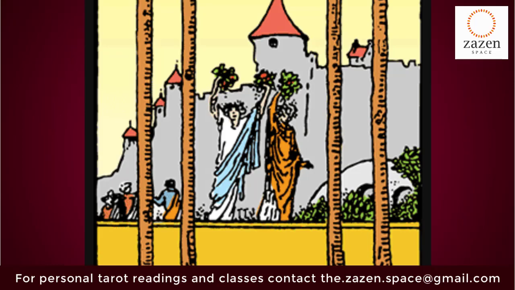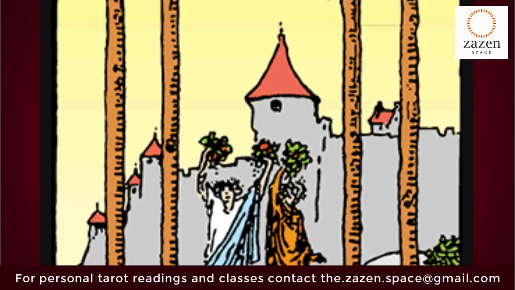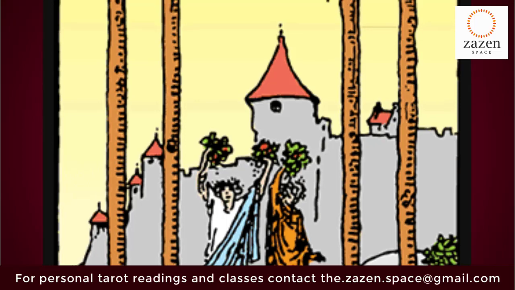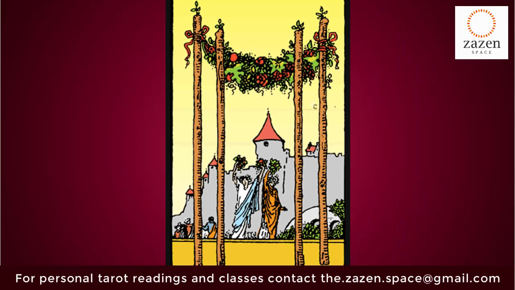And in the background, we see a building with a few conical roofed structures, which may be churches, or they look like old constructions. The moment you look at the card, friends, you get a very positive, happy, inviting, celebrative kind of feeling. But what are we celebrating here, friends?